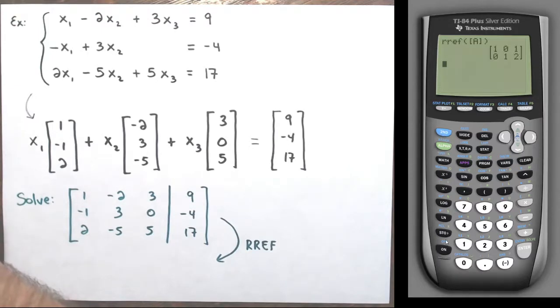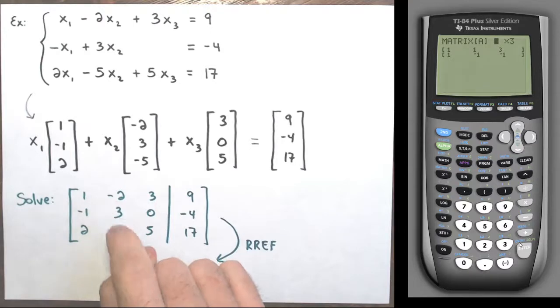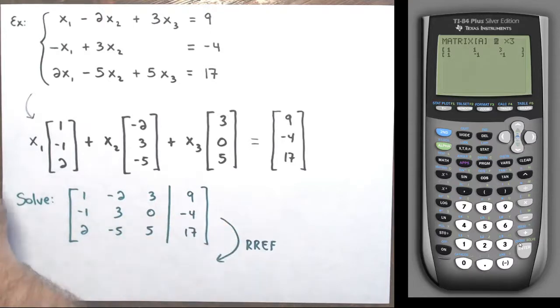Back to the calculator, let me turn it on. Go to that matrix menu. I'm just going to stick to matrix A again. This is now a 3-row, 4-column matrix, so it's a 3 by 4.